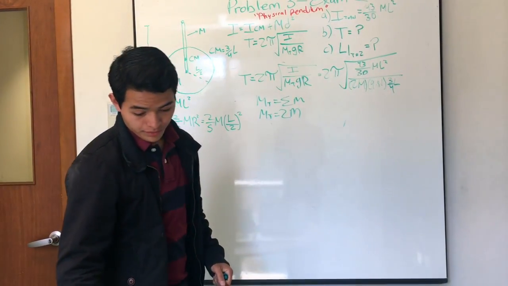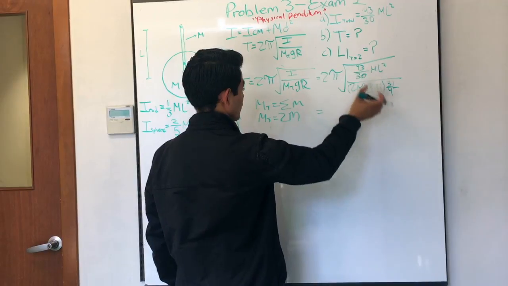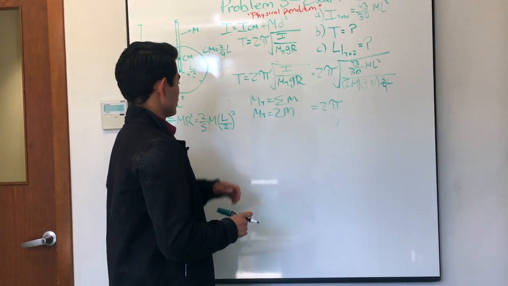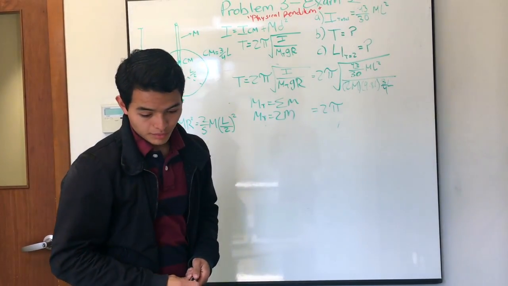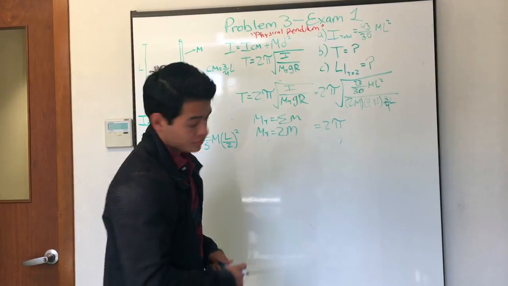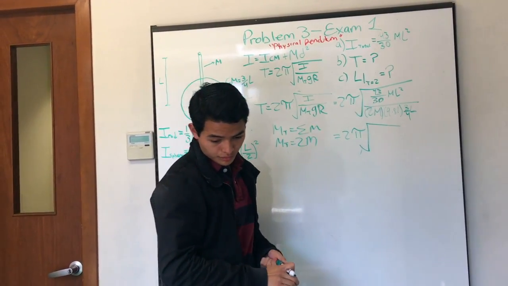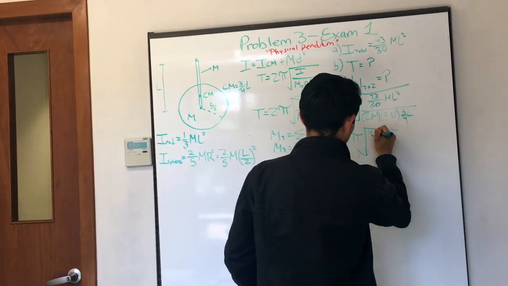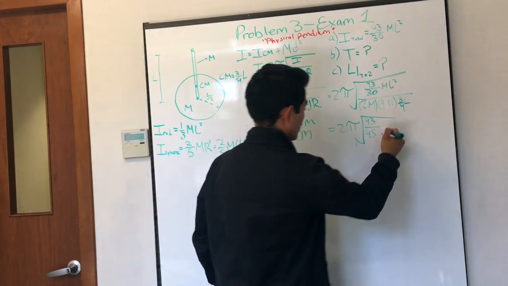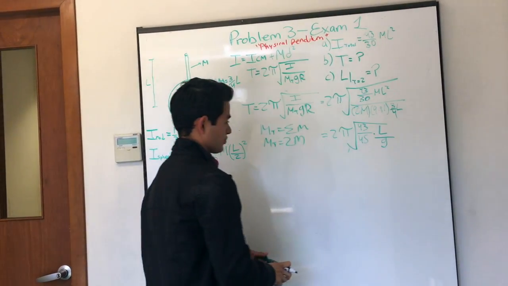If we simplify this, the period will be equal to 2 pi times the square root of 43/45 times L, the length, over gravity.